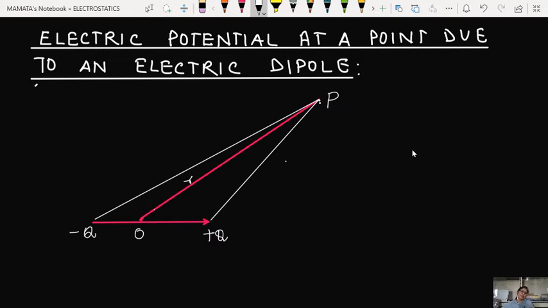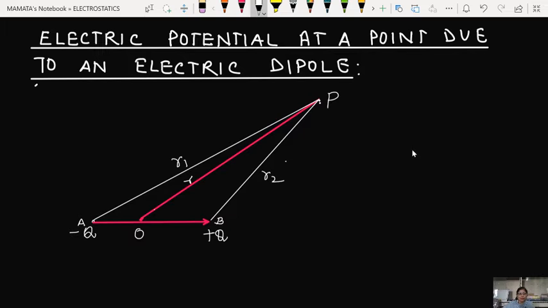Suppose the distance between P and minus q is R1, and the distance between plus q and P is R2. Then what will be the potential at point P due to this dipole?